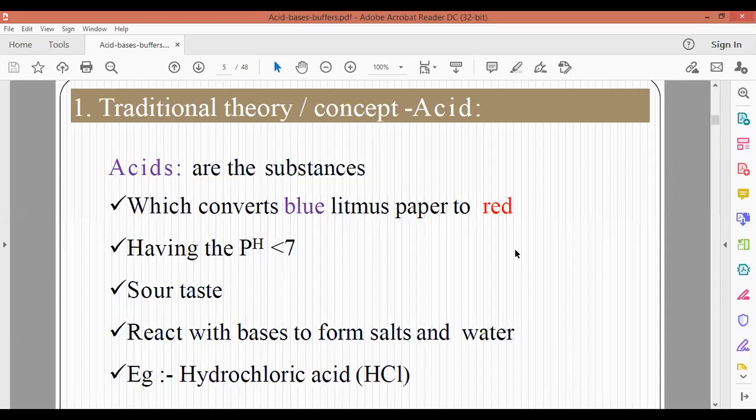Those compounds which have a sour taste are acids.